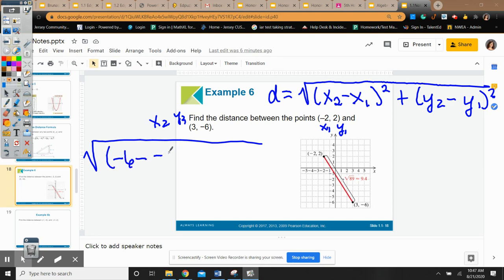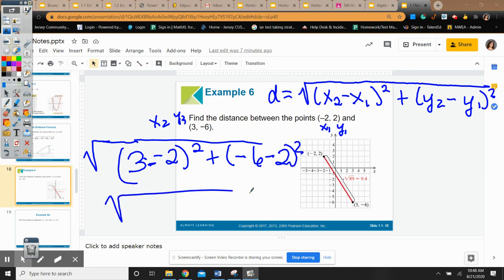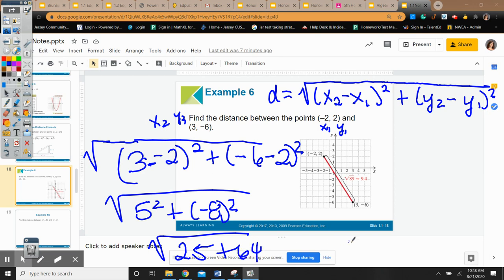X2 is first. x2 is 3 minus -2 squared plus -6 minus 2 squared. 3 minus -2 becomes 5 squared plus -8 squared, which becomes the square root of 25 plus 64, which is exactly what we did using Pythagorean theorem, because it's the same thing.